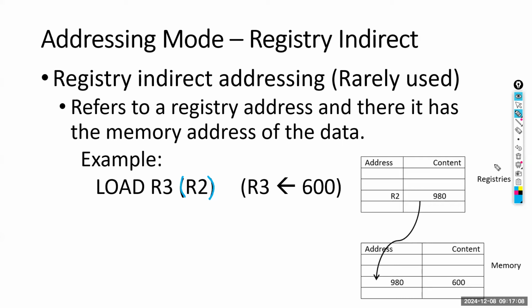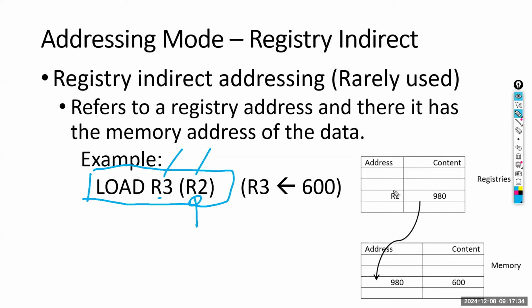Now let's assume this is an assembly code. This says load the value of register 2 to register 3. But that is if this is direct. Let's assume this is not direct, this is indirect. So this is direct, this is indirect.